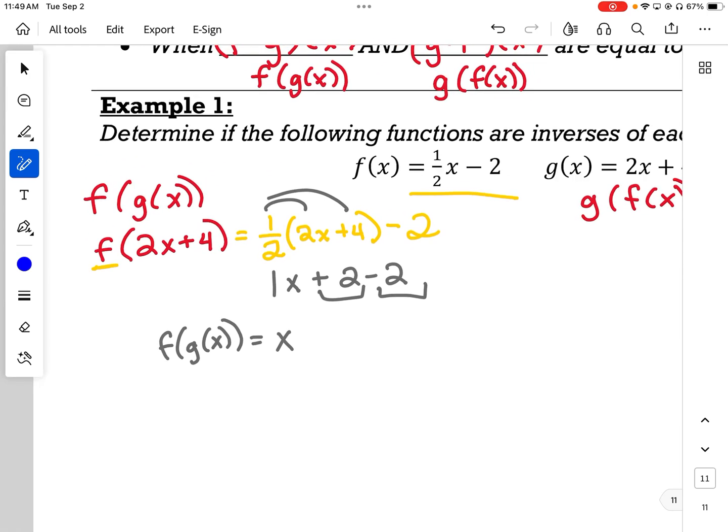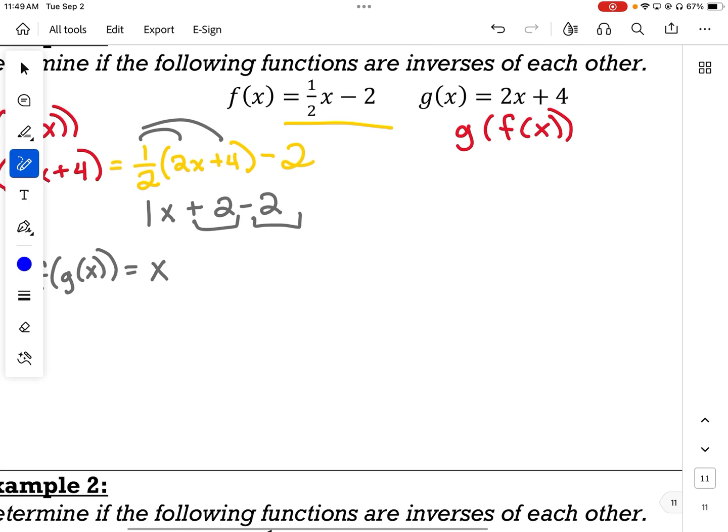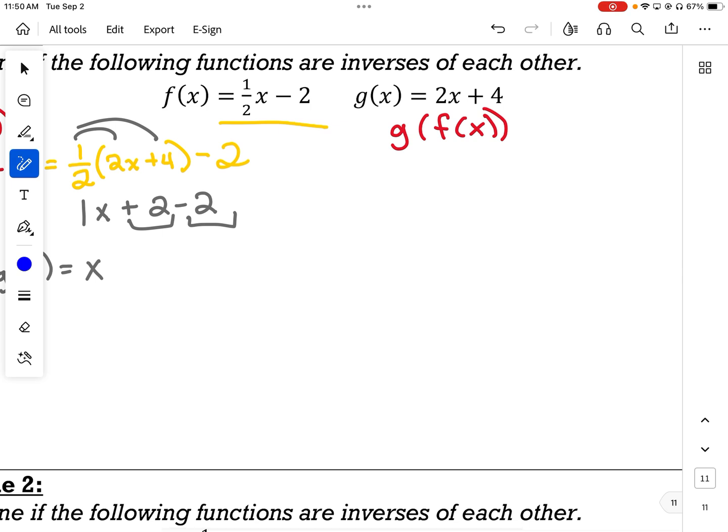So now we've got to do g of f of x. Now we're reversing it. We're plugging the f function into the g function. So g of f of x means g of the f function, 1/2 x minus 2.